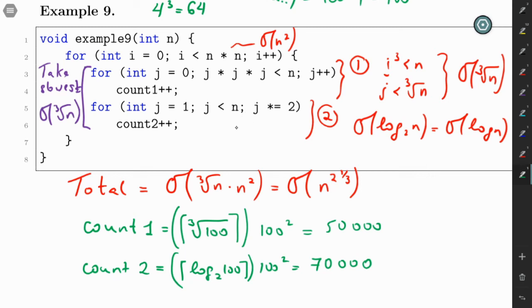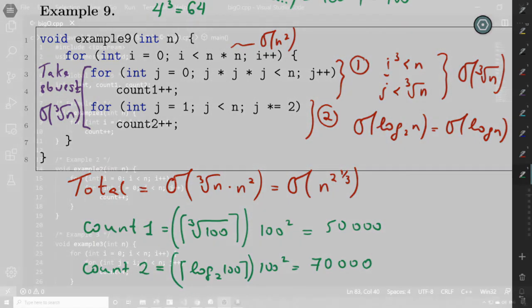It just so happens that the big O of the cube root of n and of log n are quite close. If you shoot n up a little bit, you will see that this loop is going to slow down and this one is going to run higher. We'll see this in a second here. But anyways, that's what the counts are in this current scenario.